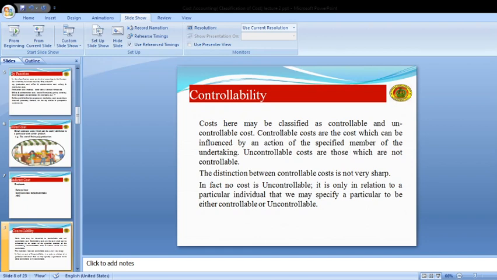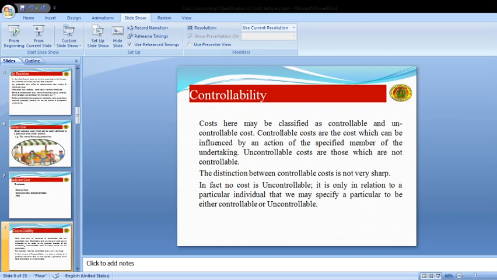So, if you have a factory manager who can decide to purchase or not purchase certain categories of materials, and has the authority to decide certain day-to-day actions, then those costs which can be attributed to his or her decisions would be the controllable cost.